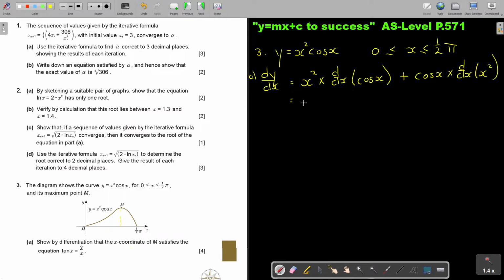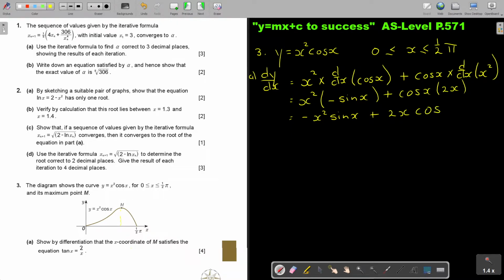So it's going to be x squared, and then negative sin x, plus cos x, and if I differentiate that one, 2x. So it's negative x squared sin x plus 2x cos x. Please don't multiply, that's a unit, it's nothing, so please don't make unnecessary mistakes.